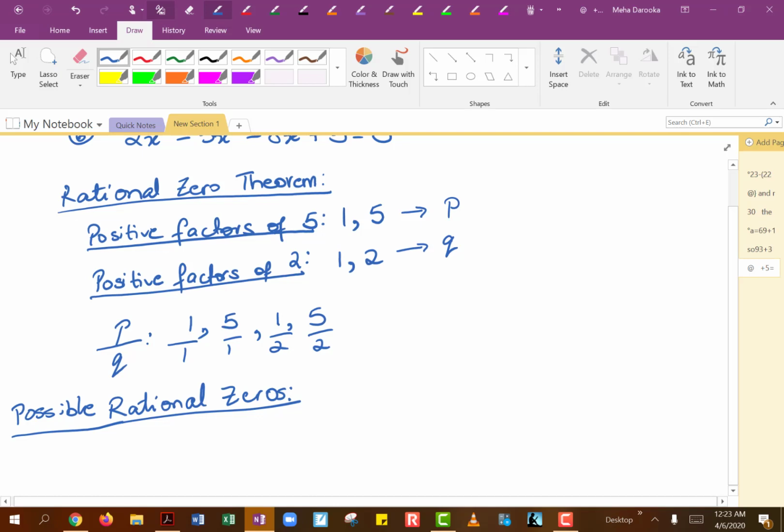So that's going to be positive or negative 1, positive or negative 5, or positive and negative 1/2, or positive and negative 5/2. So you're looking at about 8 possibilities here, right? So that's your rational zero theorem.